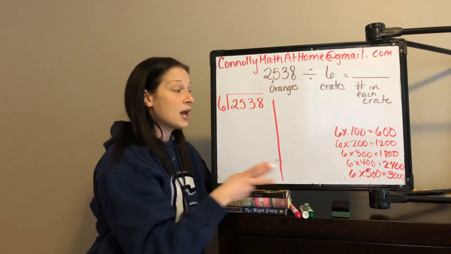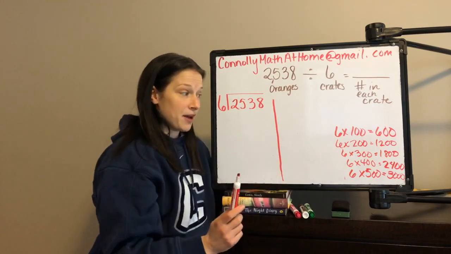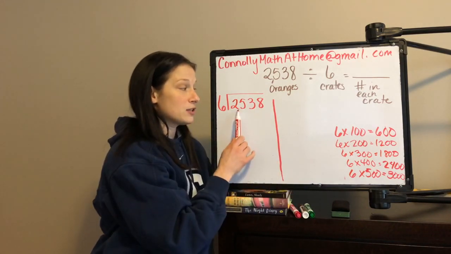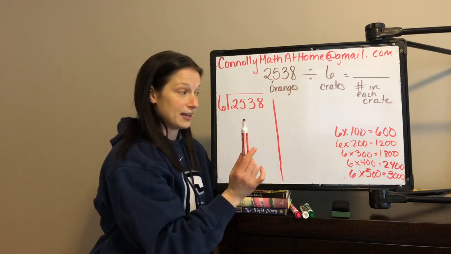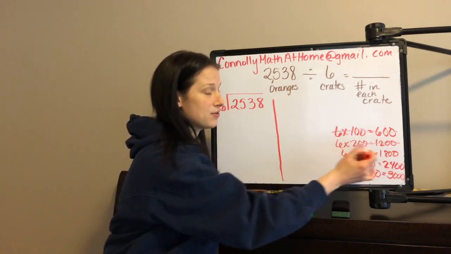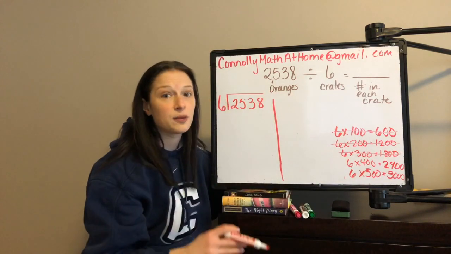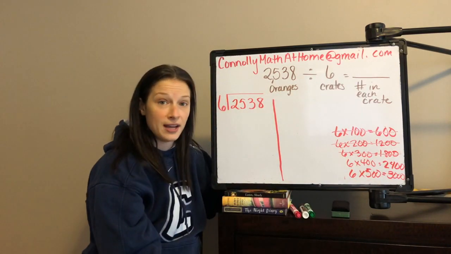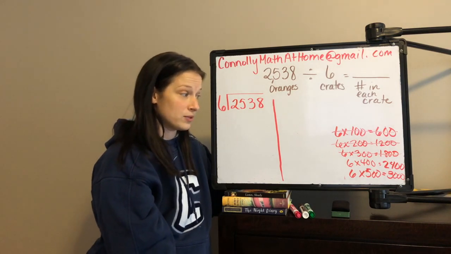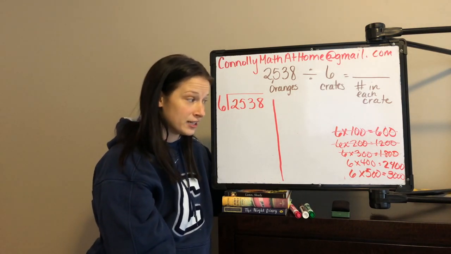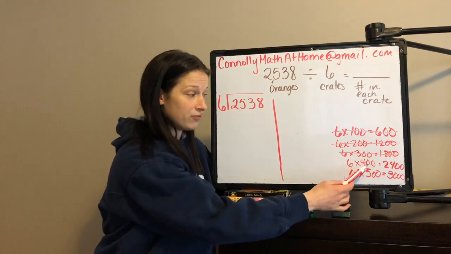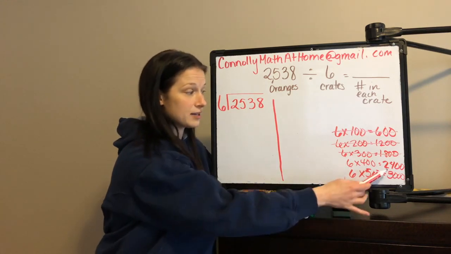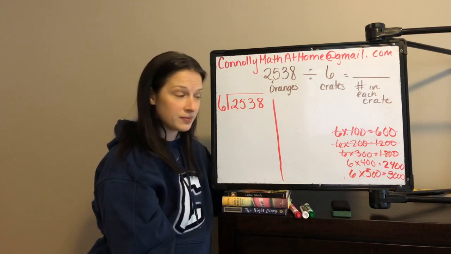So let's come back. When I'm thinking about this, I want to get closest to 2,538 as I can. So I know that these down here are a little bit further, and I have these two to choose from, okay? So when I'm thinking about 6 times 400, that means that I would be putting 400 oranges in each of 6 crates, and I'm using 2,400 oranges.